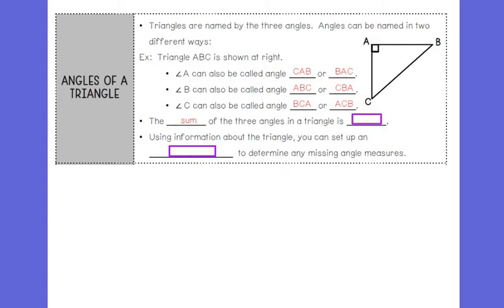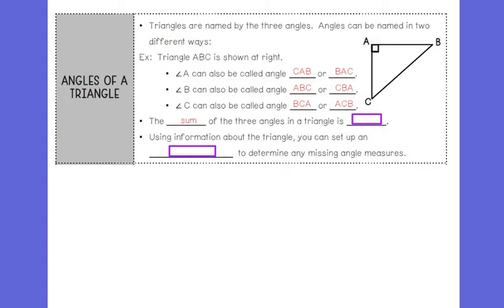Okay? The sum of any triangle is unique. If I take all 3 angles off of this paper, and I put them together side by side, they form something unique that we learned about in the last 2 lessons. It forms a what? Straight line.